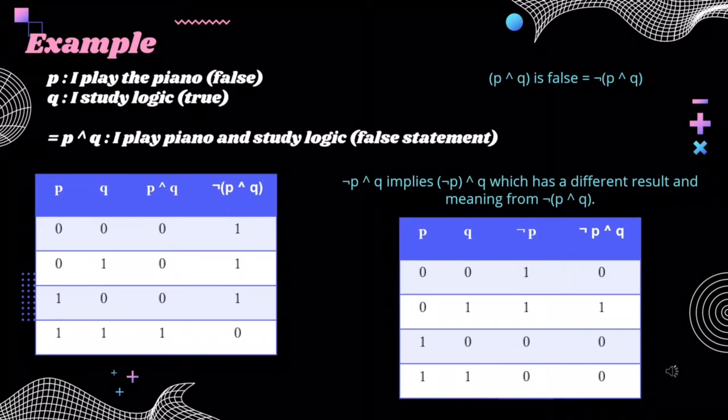When we say not P, it means from a false statement, it becomes a true statement. So this is the final result. We can see that not P is equal to 0, and not P and Q will be equal to 0 as well.